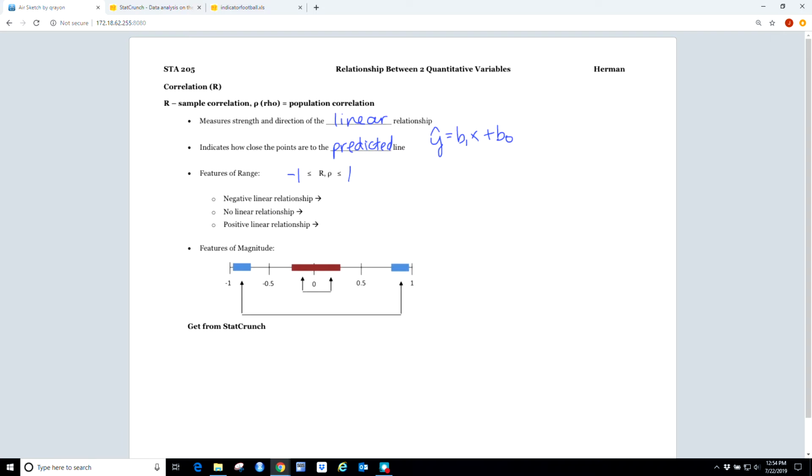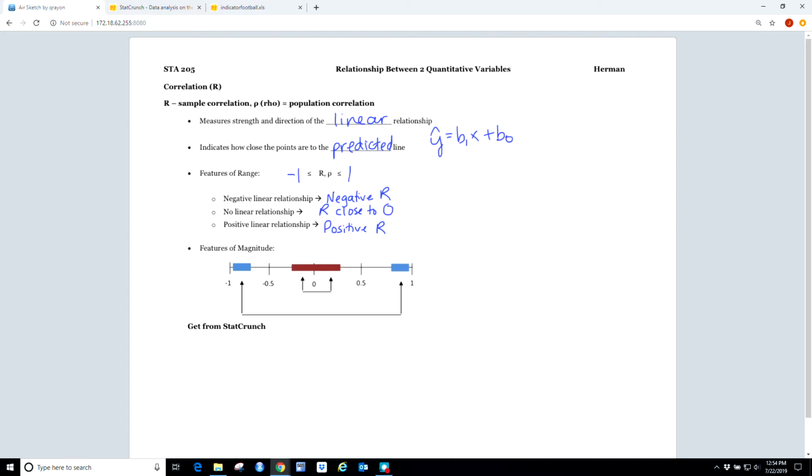The same idea comes over here to correlation as well. If I had a negative linear relationship, I'm going to expect my correlation will also be negative. If I have a positive linear relationship, I'm going to expect my correlation to also be positive. Versus if there's no linear relationship, I'm going to expect my correlation to be close to 0.